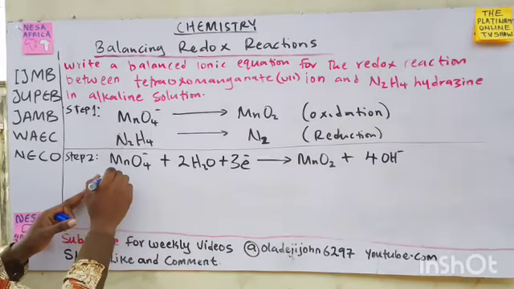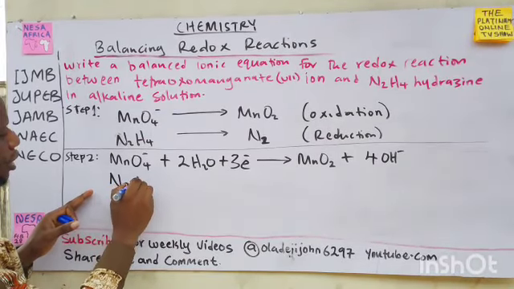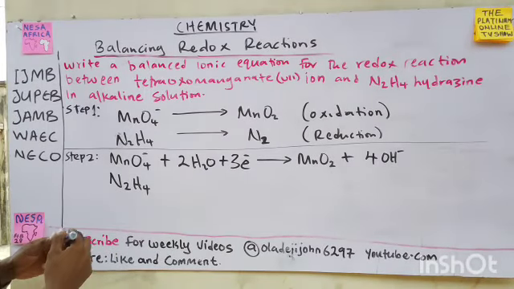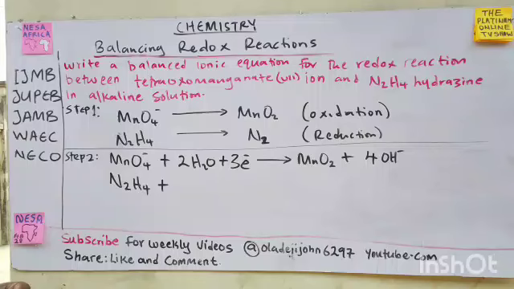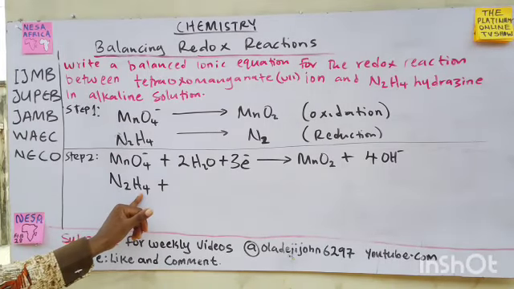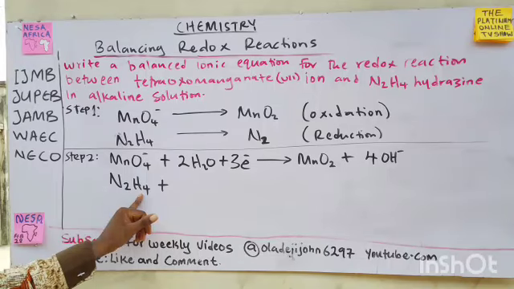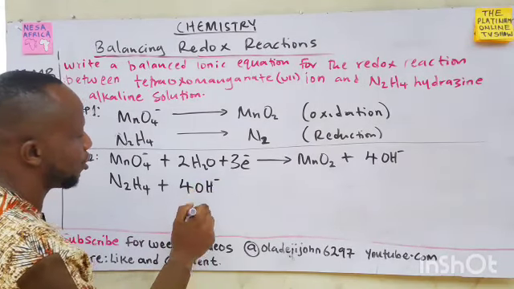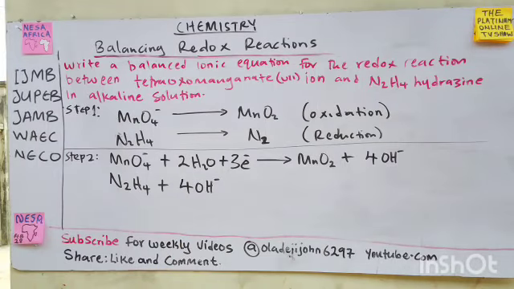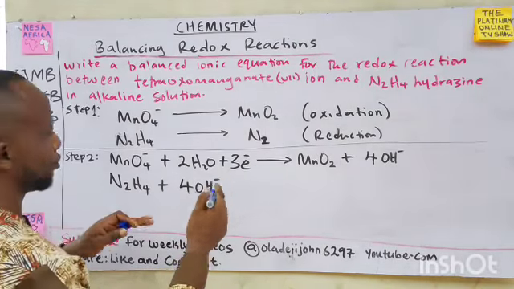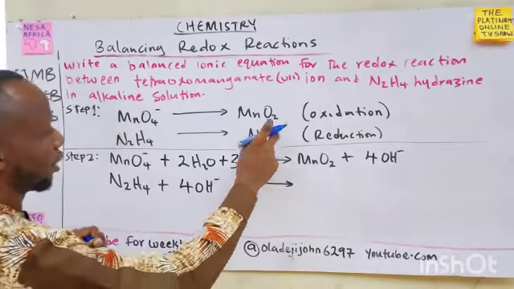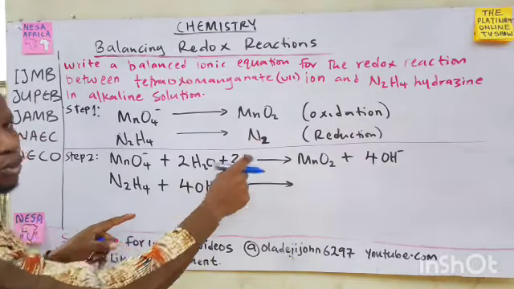Now let's come to hydrazine. We have N2H4 plus, we are adding OH now. How much hydroxide? From the formula we have 4 hydrogen, so automatically we add 4 OH-. Hydrazine is oxidized to N2.